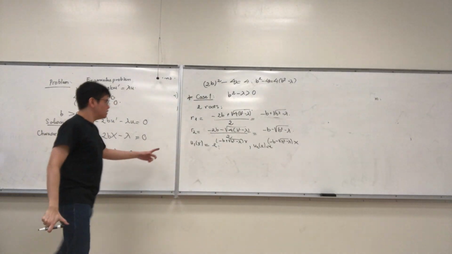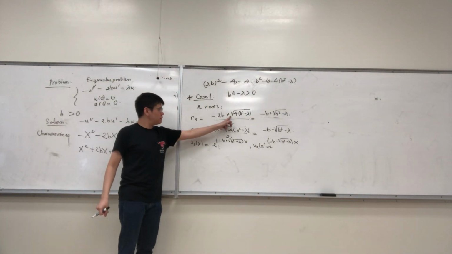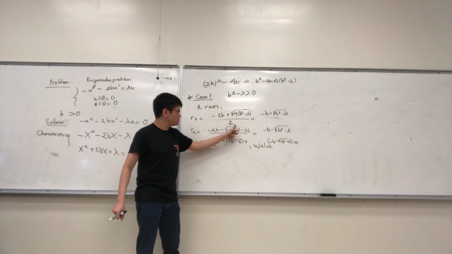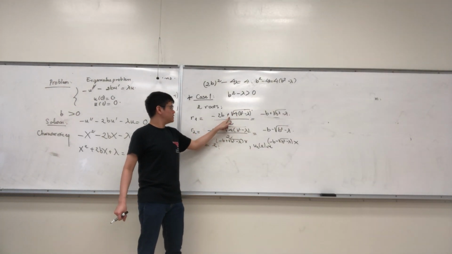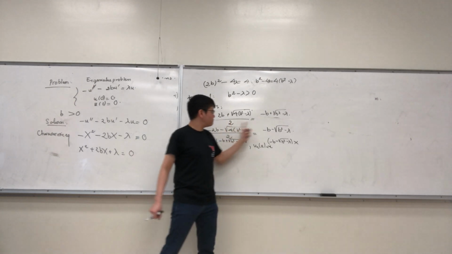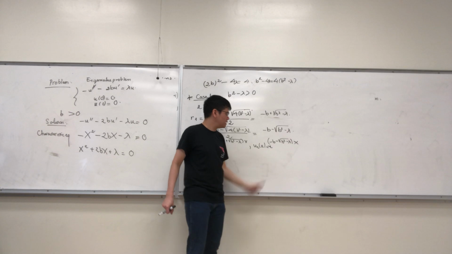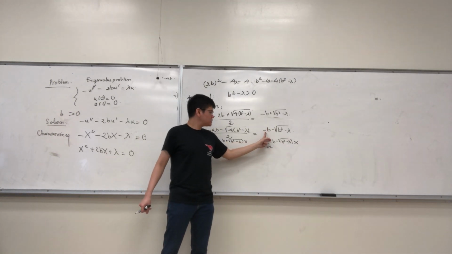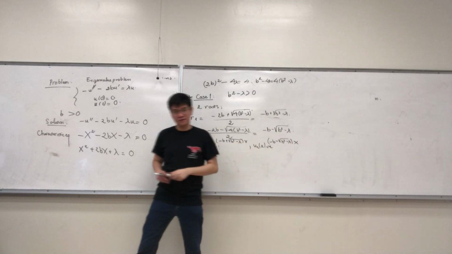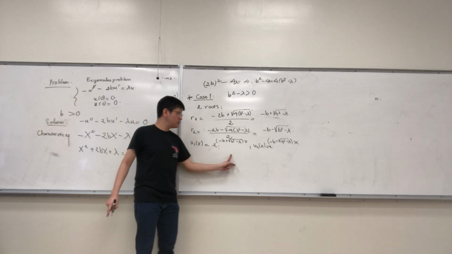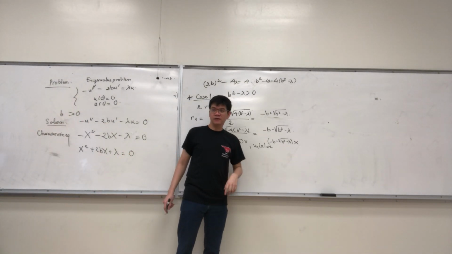The first one will be minus 2b plus the square root of 4b squared minus lambda divided by 2. So this 4 will come out as 2, so I can divide by 2 and I have minus b plus the square root of b squared minus lambda. The second one gives me minus b minus the square root of b squared minus lambda. Alright? So you have two solutions. The first one is this one, the second one is this one. It's clear?